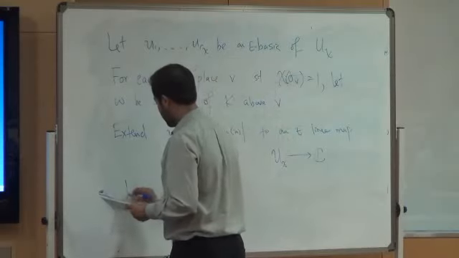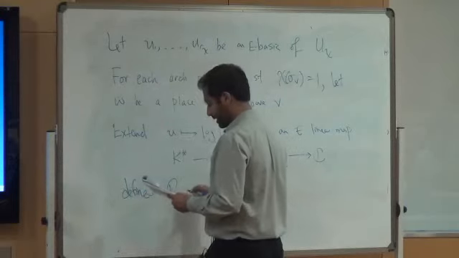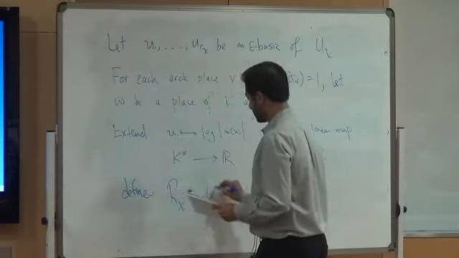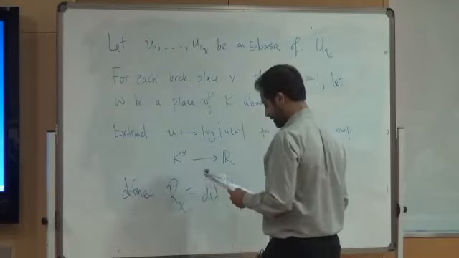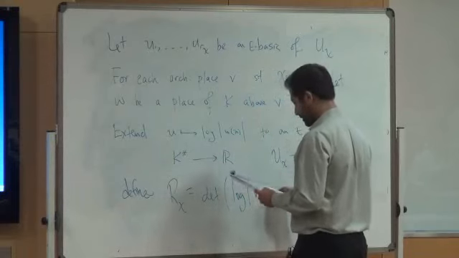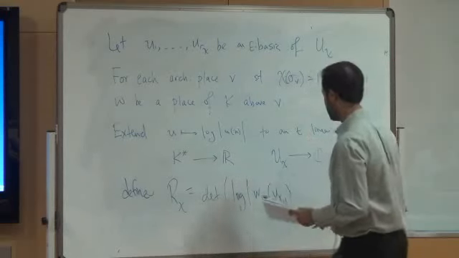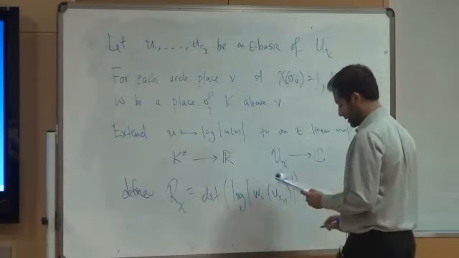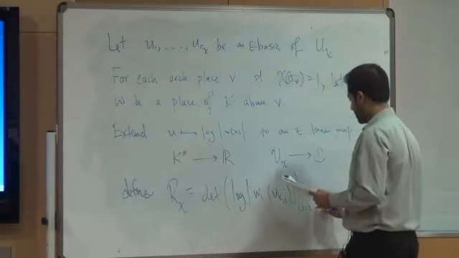Okay, and then finally we define the regulator of chi, to then be the determinant of the log of the absolute value of Wi of U chi j, as this matrix as i and j go from 1 to R chi.